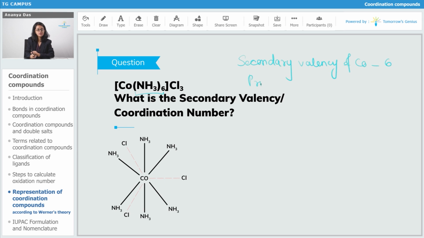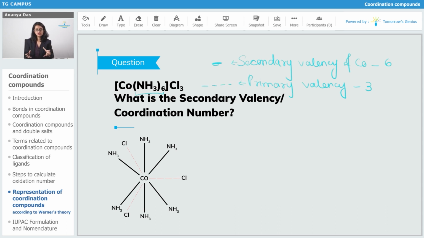The primary valency, remember, was 3. Now according to convention, the secondary valency is shown by solid lines. Primary valency is shown by dashed lines.